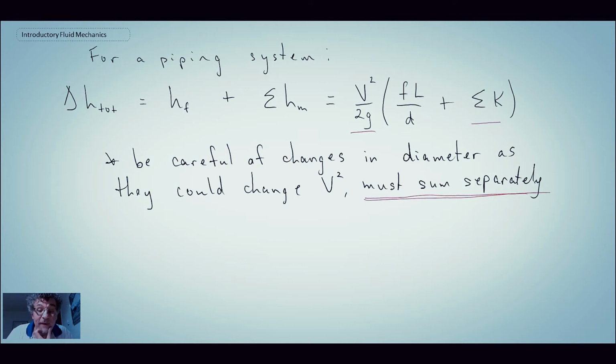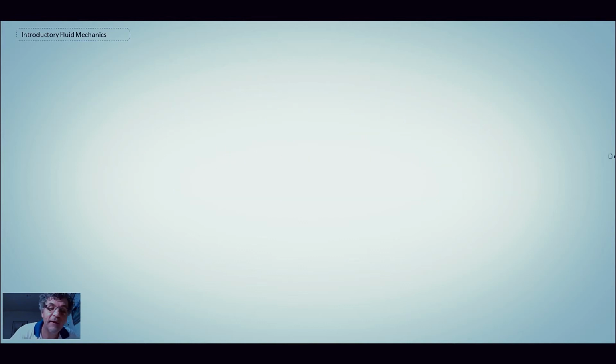So when we have all of this, if we sum up our total head loss due to both our major losses, or the frictional, and then the minor losses, and we put this all together into the steady flow energy equation, let's see what results.